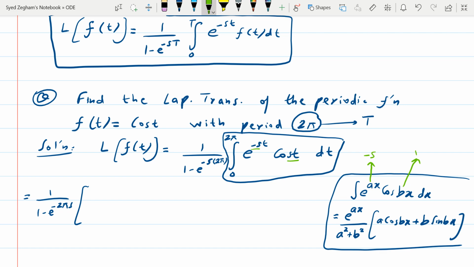So the formula will give us e to the power ax. In place of x, we have t, right? So e to the power minus s t, since our variable is t, divided by a square, that will be minus s whole square plus b square, that will be 1 square.